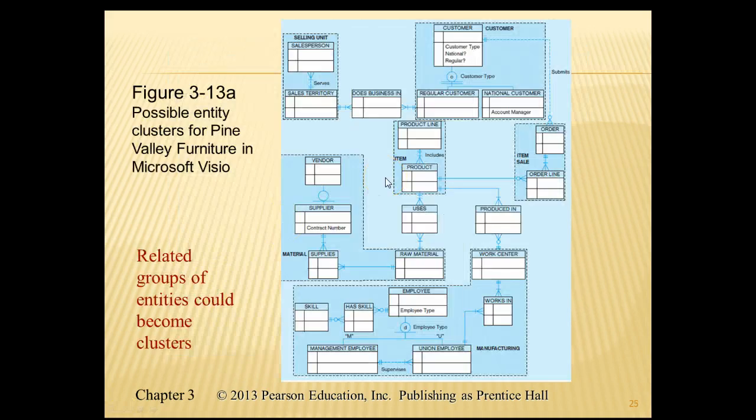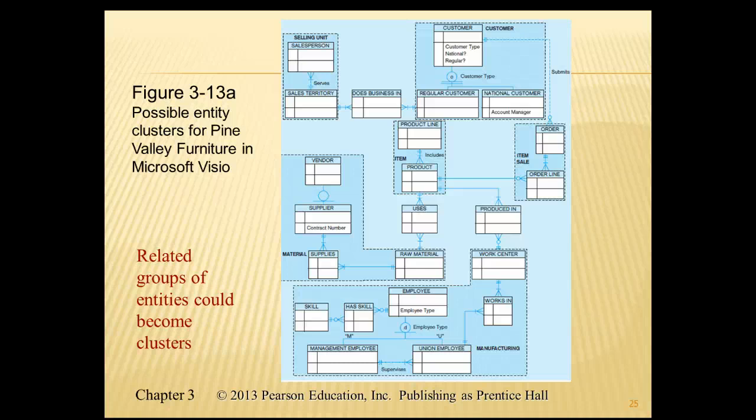Okay, so we're getting back into our Pine Valley Furniture Company and the database system for that. And this is done through Microsoft Visio, and we're talking about the entity clustering for our database system.